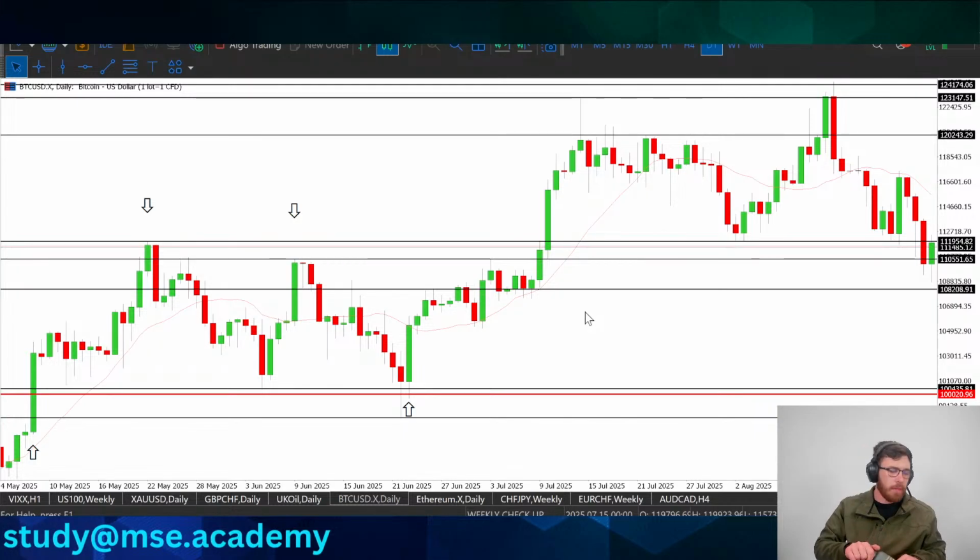So as you can see, after the market broke above this $112,000 level, I'm just going to say here: push to 111K, pull back to $100,000, push to 111, pull back to 98.